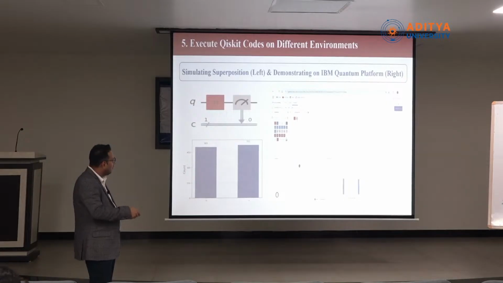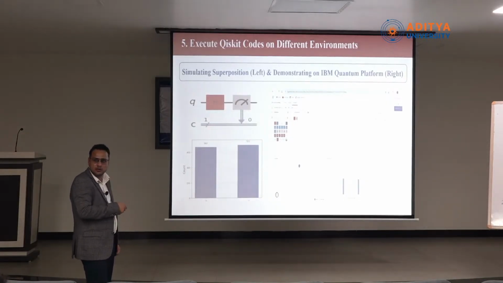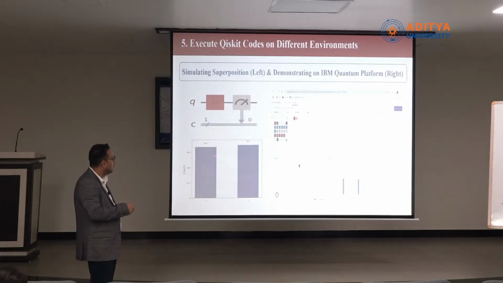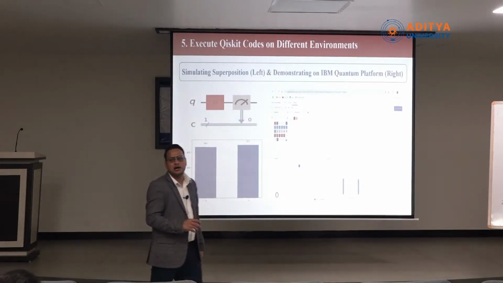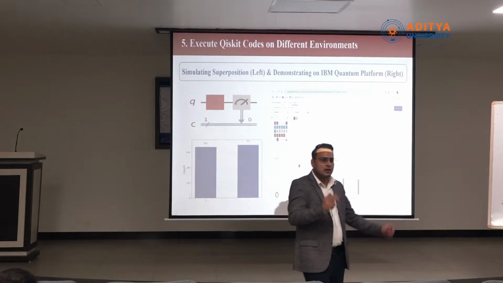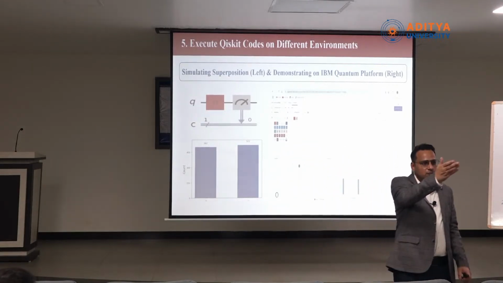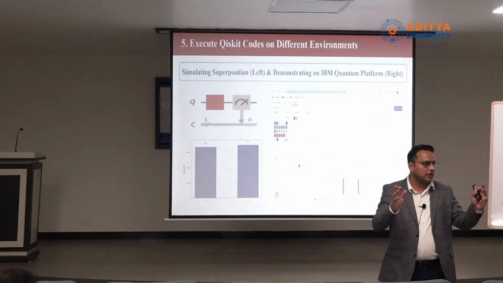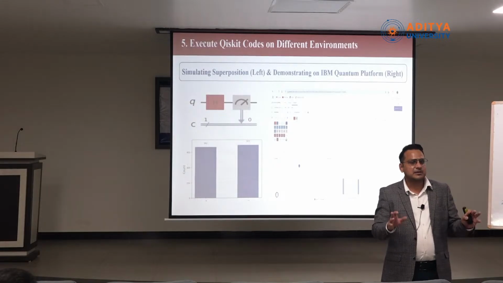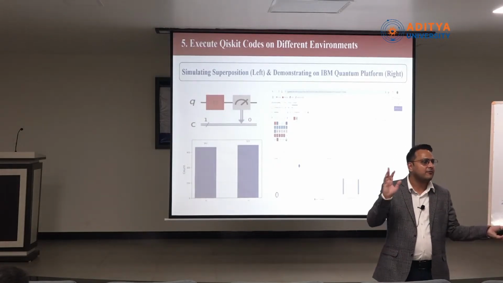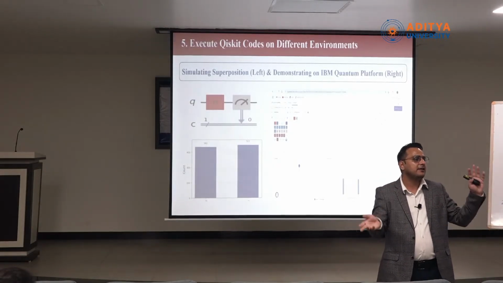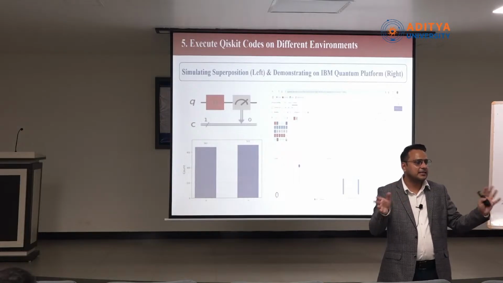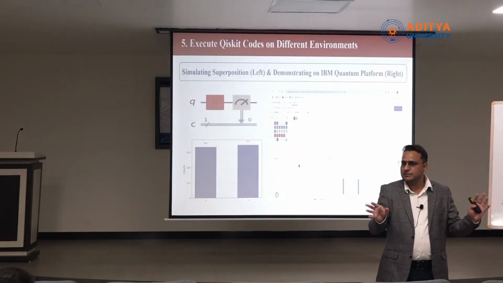Now we run the same experiment 1024 times, and out of 1024 we are analyzing how many times 0 and 1 occurred. Understood? Some of you have already tested that sometimes you get 450, 550, or 490, 510. So every time it keeps changing.